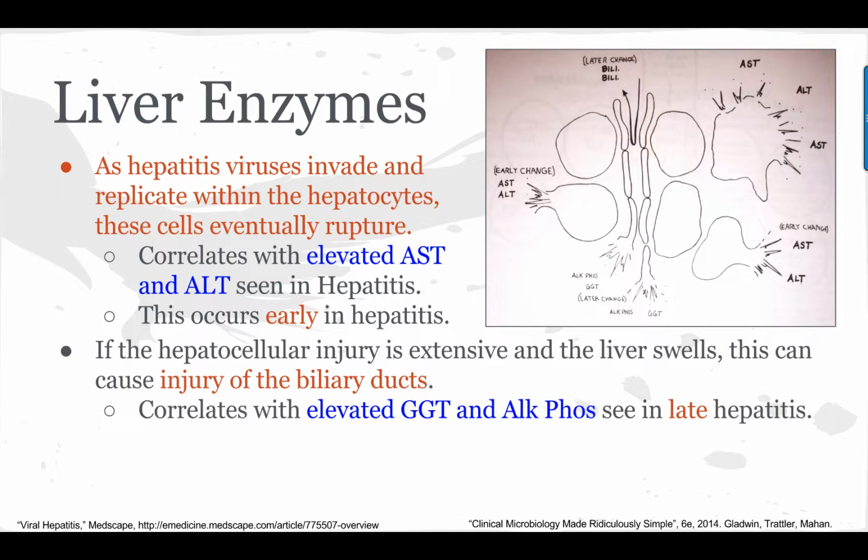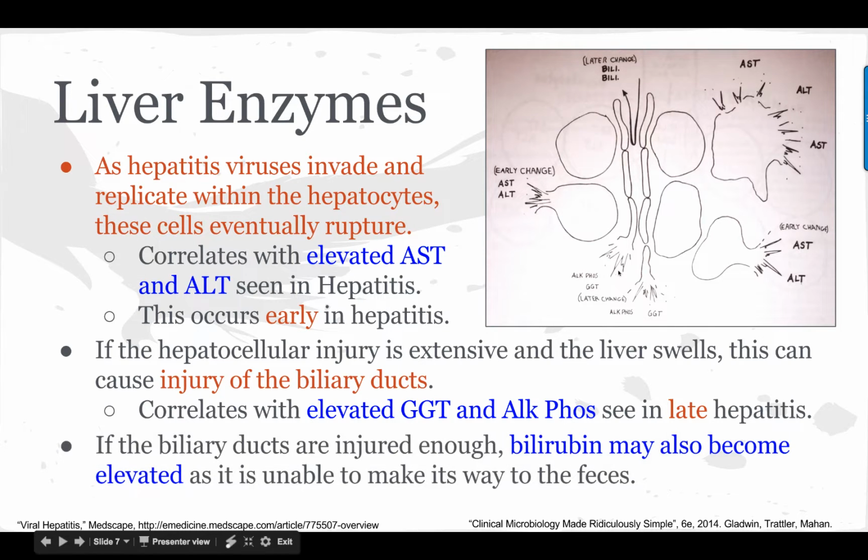If the hepatocellular injury is extensive enough, if enough of these hepatocytes are rupturing, it can cause swelling out here in these regions of the liver, and that can cause a lot of pressure and swelling to then injure the epithelial lining of the biliary tract, which is then going to cause elevated GGT and alkaline phosphatase, because those cells are also going to rupture. We see this as a later change: alkaline phosphatase and GGT being released from rupturing epithelial cells of the biliary tract.